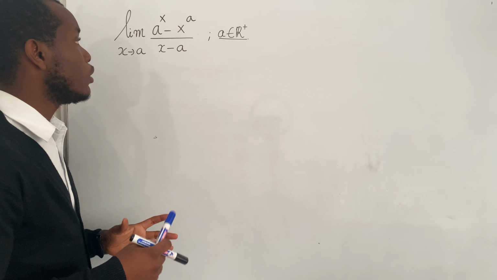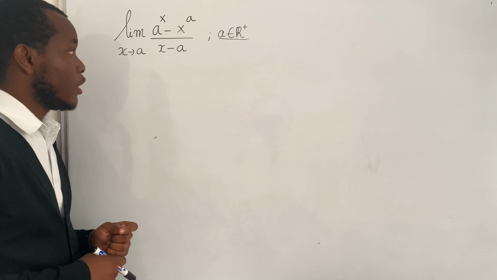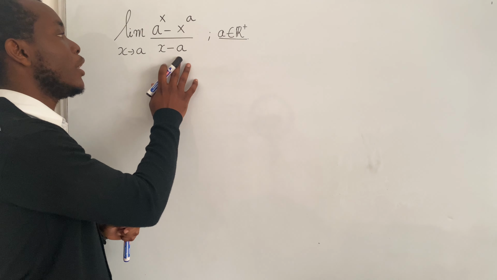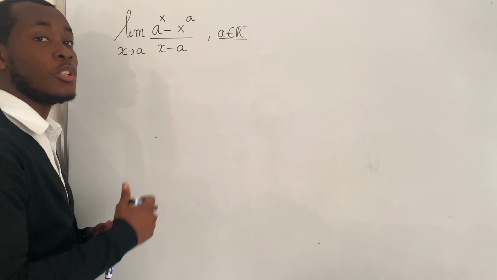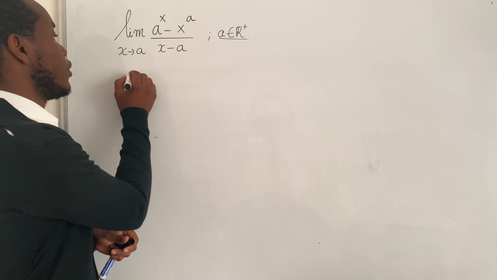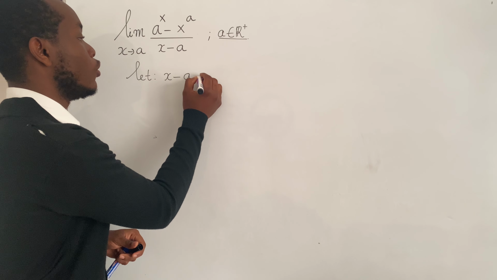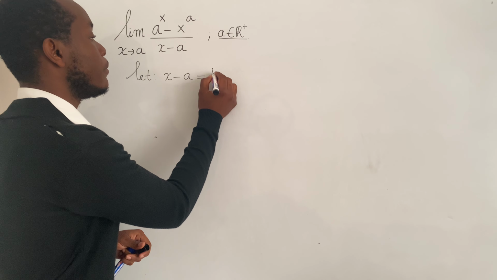Since we are told not to apply L'Hospital's rule, the first approach that we're going to use will be letting the numerator, or the denominator, be equal to a new variable. For example, let x minus a be equal to t.